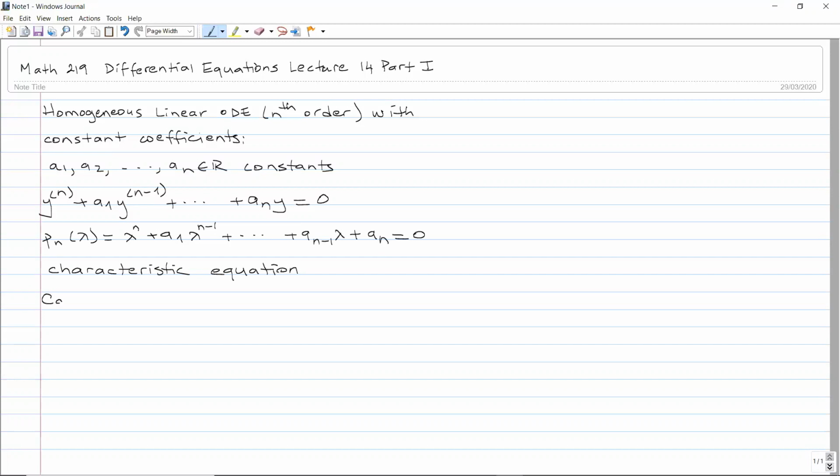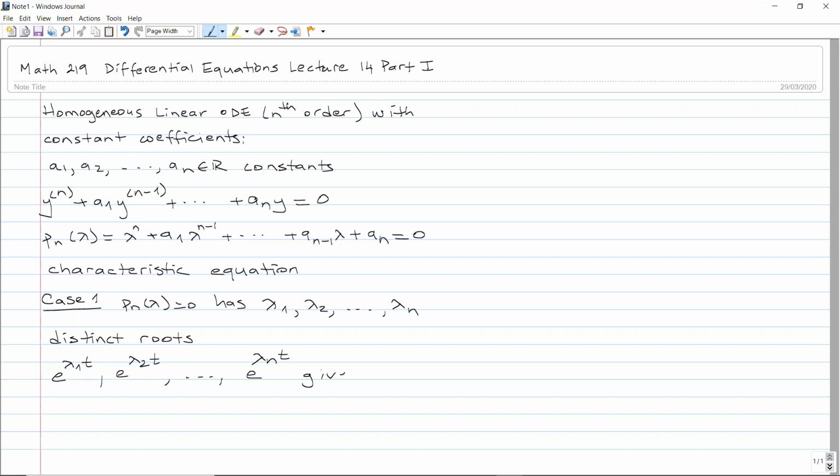And we considered the case where this equation has n distinct roots. In this case, the functions e to the lambda 1 t, e to the lambda 2 t, up to e to the lambda n t give independent solutions.